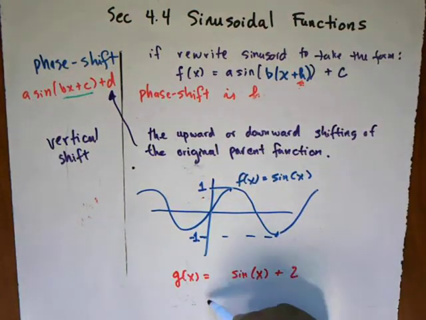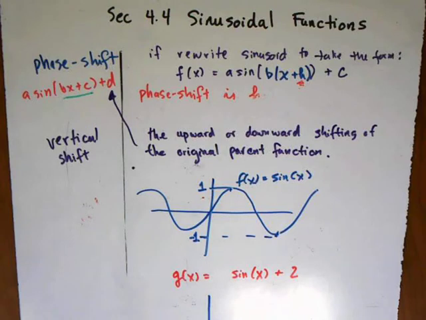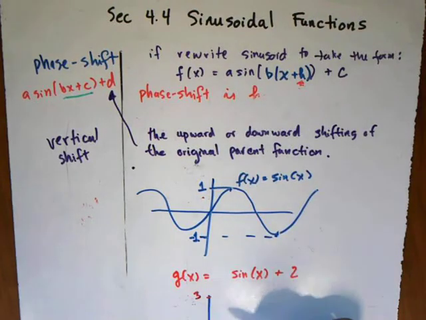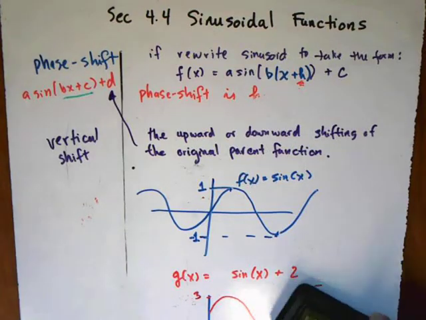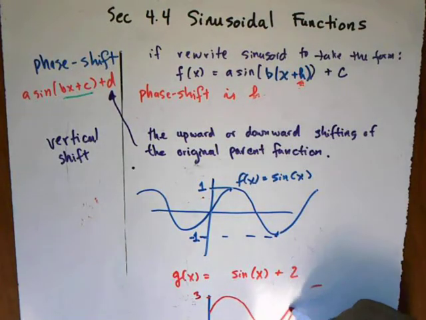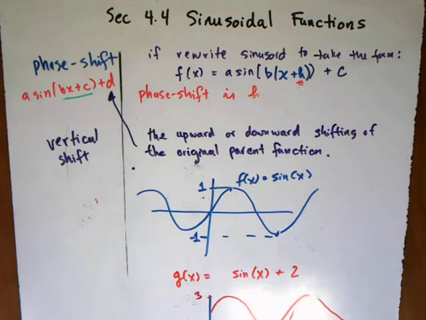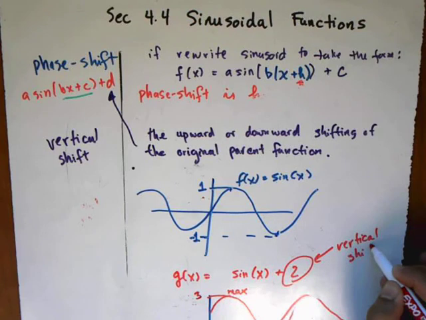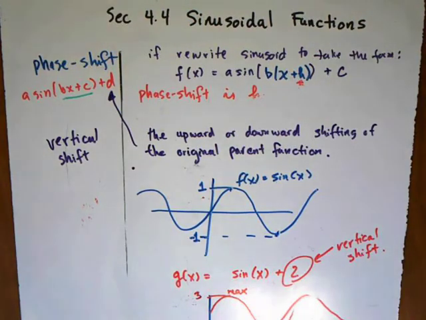So the new picture that I would have is now, instead of being at -1, it's going to be at +1. And instead of being at +1, it's going to be at 3. And so now I have a function that looks like this. Oops, let me draw that better. Okay. So this is the max value now at 3, and this is the min value here at 1. And this right here is the vertical shift. And that's probably the most straightforward out of all of these concepts.